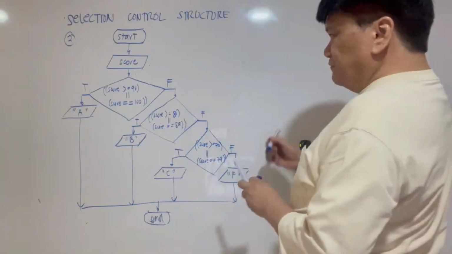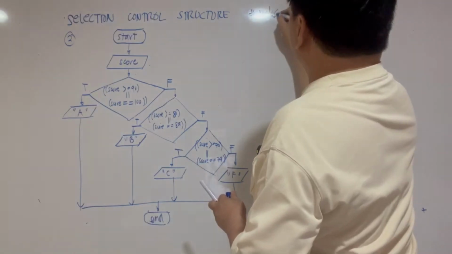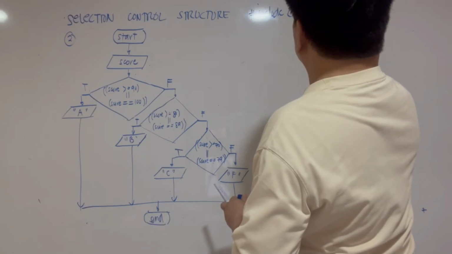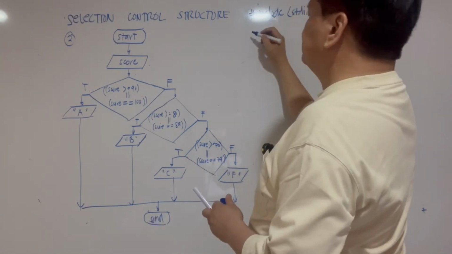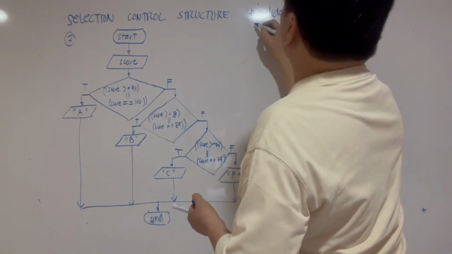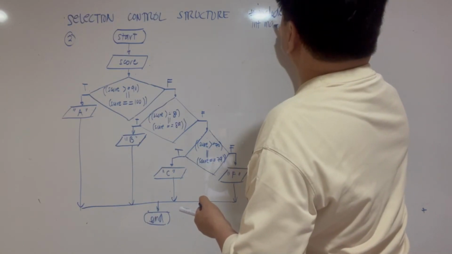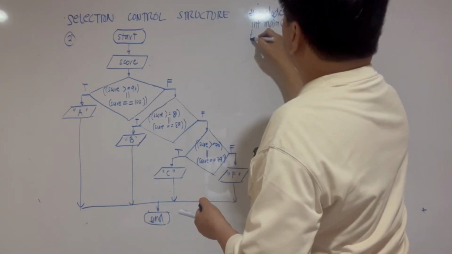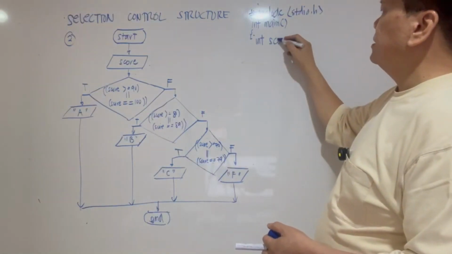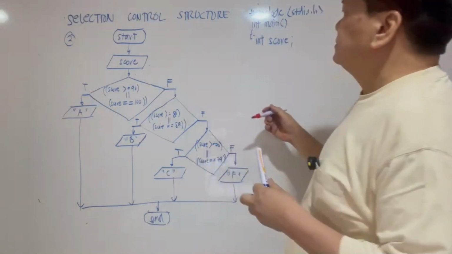Let's create the program for this flowchart. Again, we start with the preprocessor directive, then followed by the entry point to C programming, and that's where we begin. Then the variable, we declare that as integer. Then let's proceed to the input.